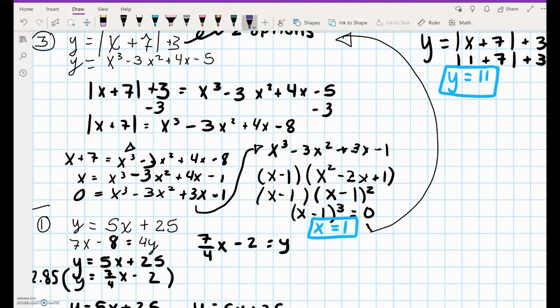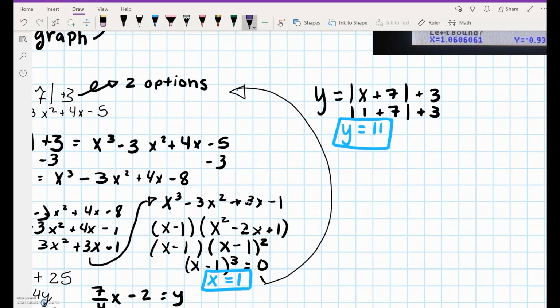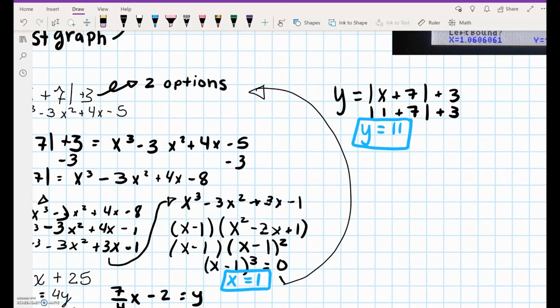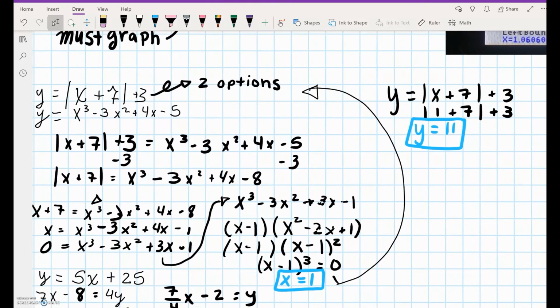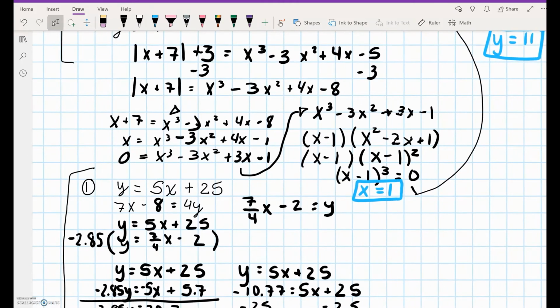So it was all x equals 1. Then all I had to do was take that x equals 1 and put it into one of the original equations. So I took this first one and did it, and I got y to equal 11.